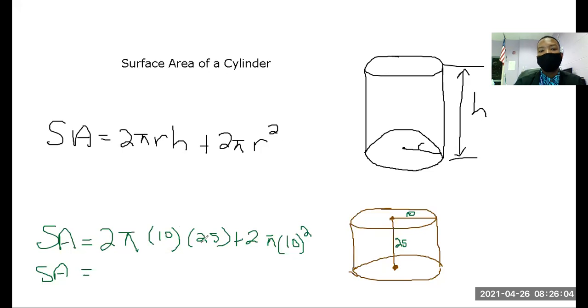Get your calculator, you work that out, you get your answer. 500 pi plus 200 pi, which is 700 pi. And if you want the full answer, use your calculator and you should be able to get that answer. But that's basically what the surface area of a cylinder is.